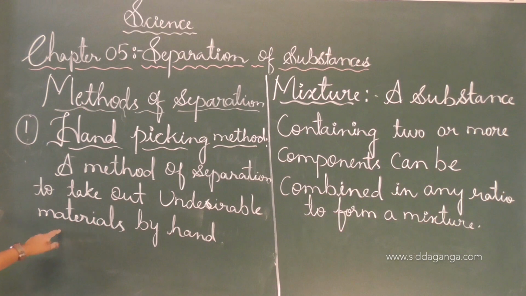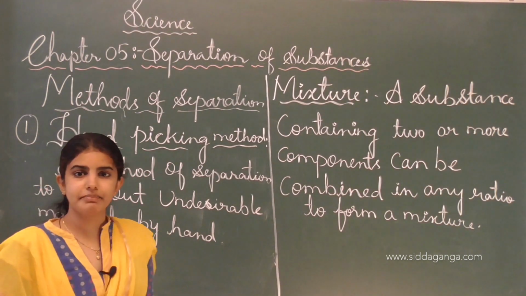Non-useful means nothing but undesirable. Hand picking method is nothing but a method of separation to take out the undesirable materials by hand.